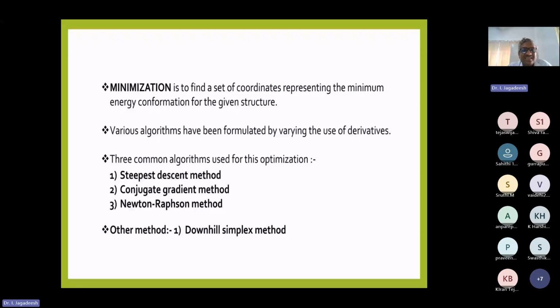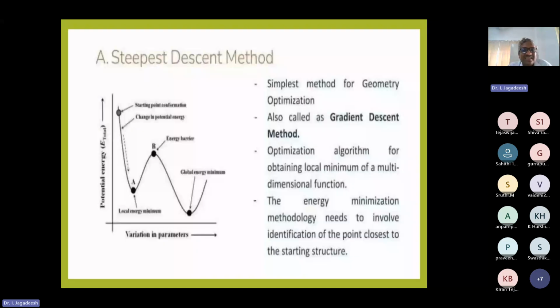In the steepest descent method, you are seeing the diagram. Now we have started with potential energy, that is the total energy of the system, on the y-axis. At the apex, you have got a gray ball.